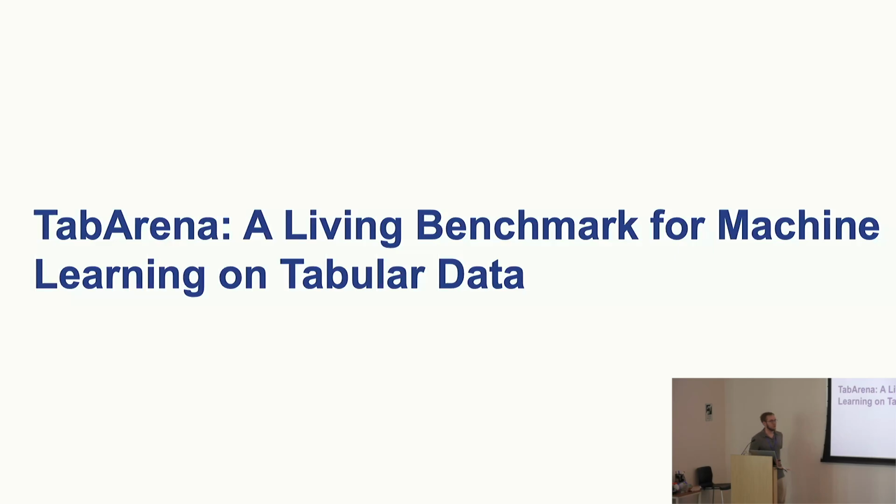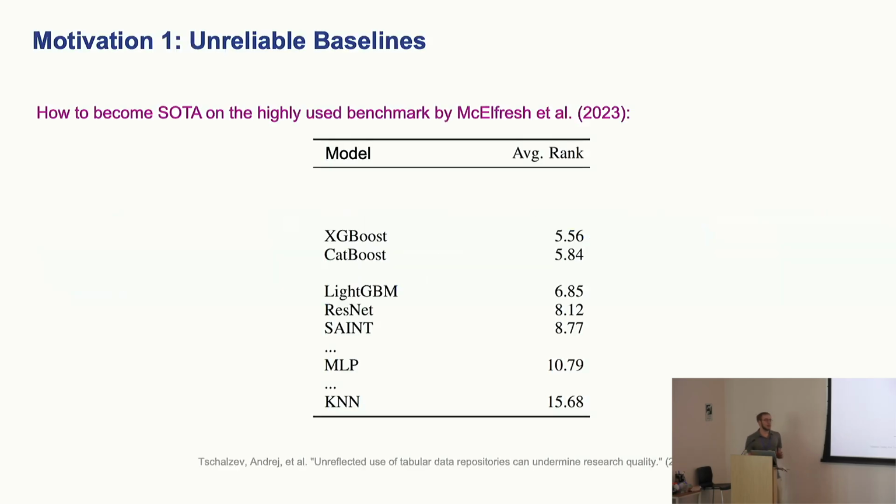TabArena, a living benchmark for machine learning on tabular data. So let's talk about the state of the field and what is considered state of the art, and basically what is pushed in recent research papers that go over this.